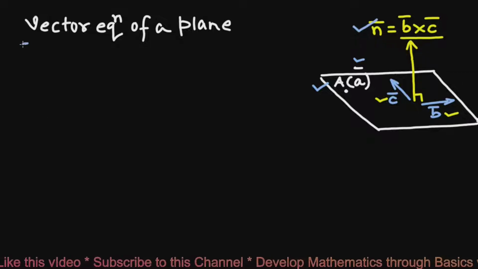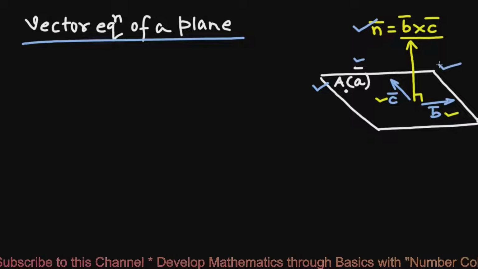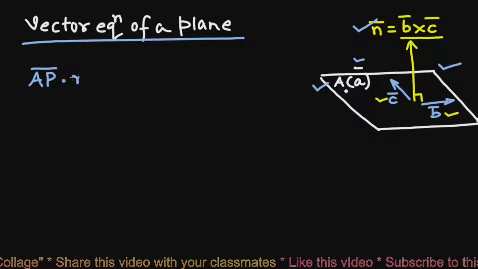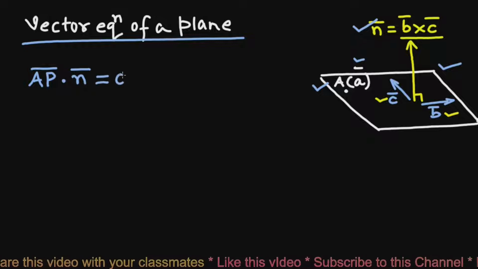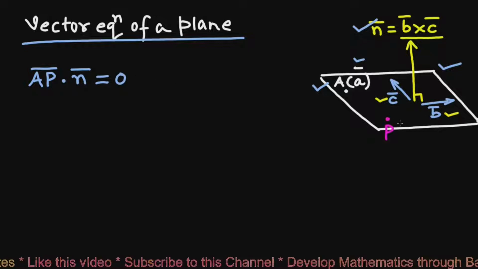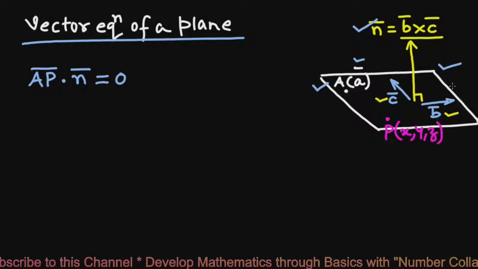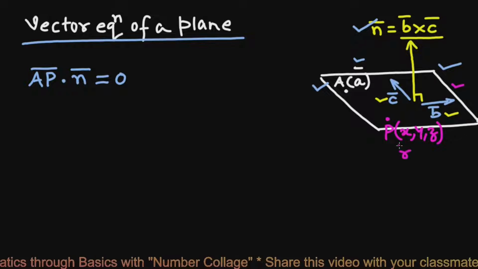So the vector equation of this plane will be AP bar dot normal vector n bar equals 0, where P (x, y, z) is any point on this plane whose position vector is r bar.